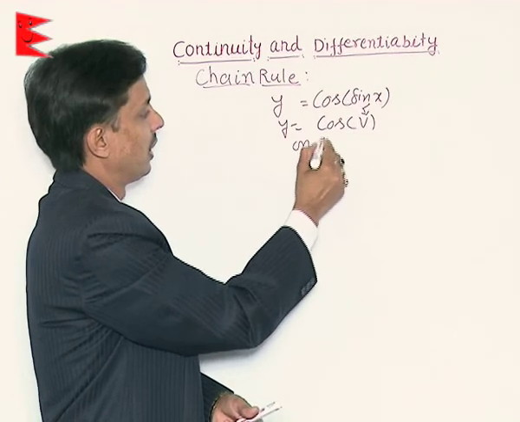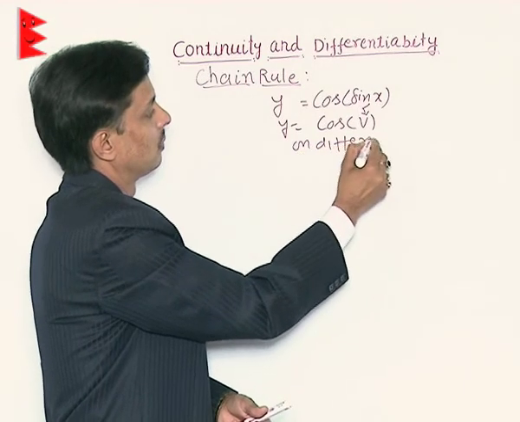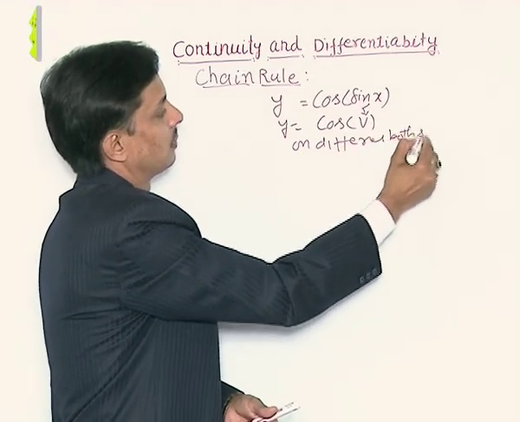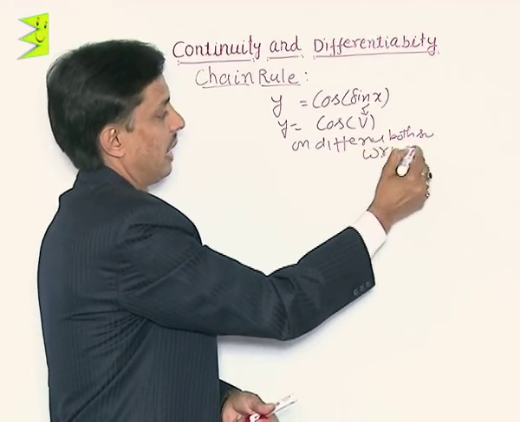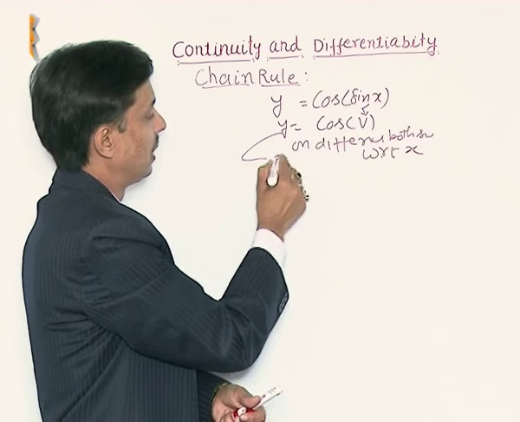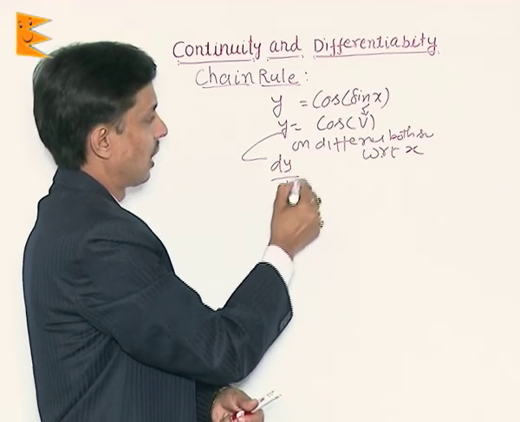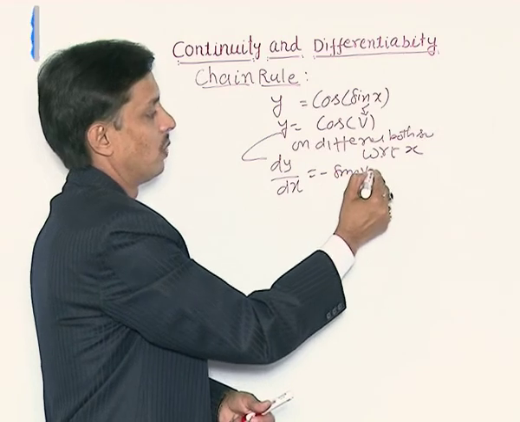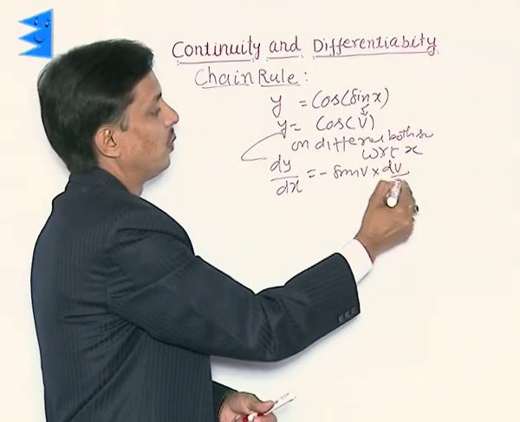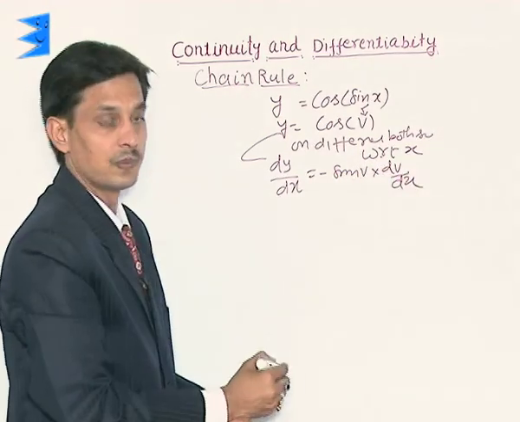On differentiating both sides with respect to x, this will be dy by dx, and the derivative of cos is minus sin v into dv upon dx.